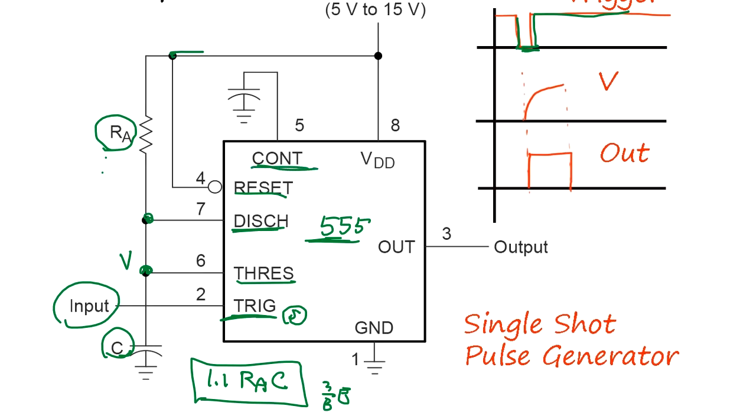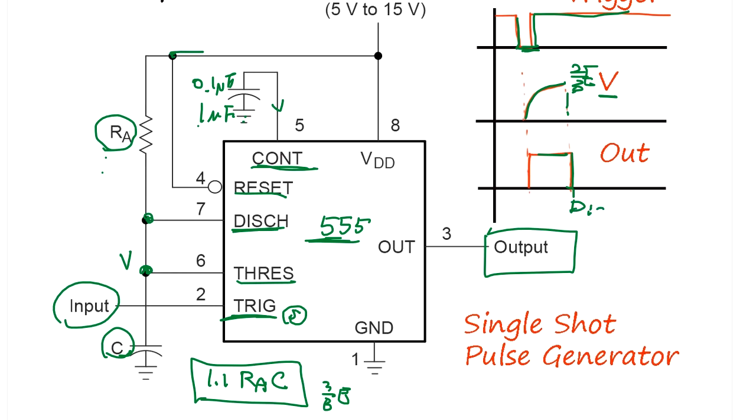We put the capacitor to make it stable from noise. This is an analog circuit, and noise may get in here, so put something like 0.1 microfarad or 1 microfarad, a small one, but a high speed one. I think the capacitor type is a high frequency responding capacitor. And this is the digital output. When V goes to 2/3 of E, then the output drops because of the discharge.